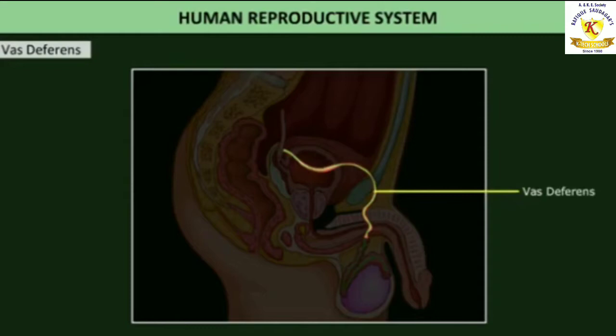Vas deferens. Vas deferens is a narrow, muscular and tubular structure which is about 30 centimeters long. It passes through the prostate gland and joins the urethra.